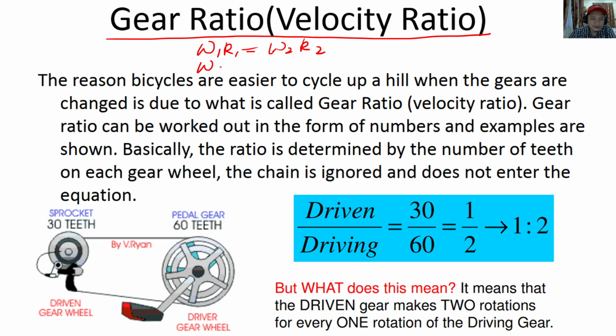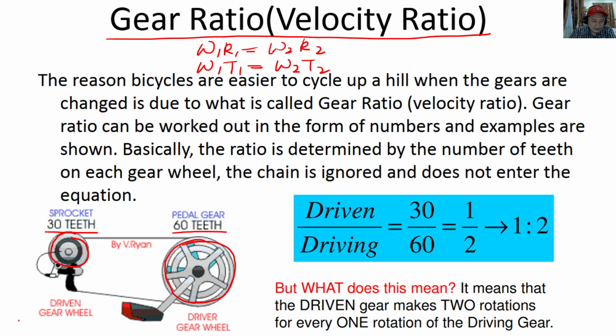Or you can use omega 1 T1 equals omega 2 T2. So you can use teeth. So for example, at the back here, this one has 30 teeth. At the front here, it has 60 teeth. So what should we do about it? What is the gear ratio?